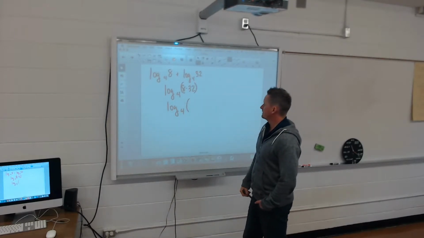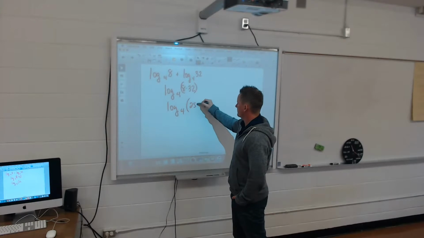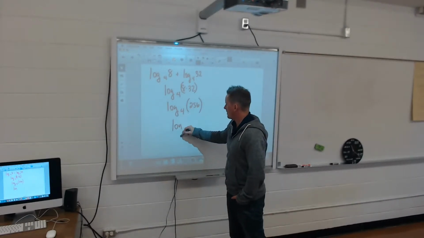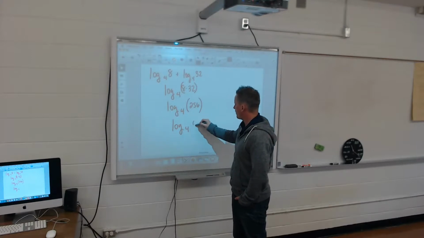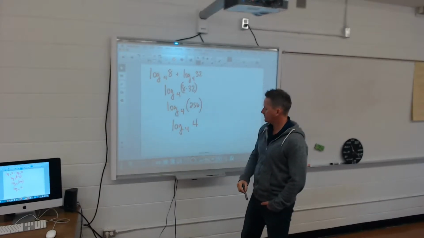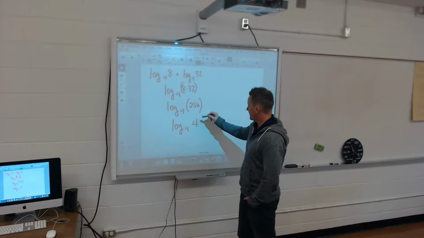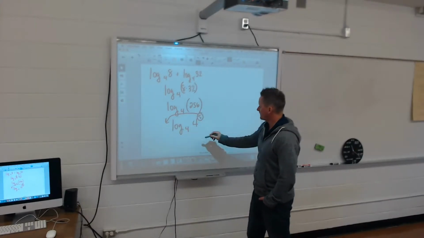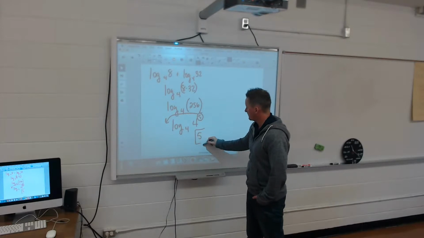So that's 16, 256. So now I'm going to change this to the log of base 4, 4 to the power of, is that 4 or 5, I think. Move that to the front, and the answer in this question is 5.